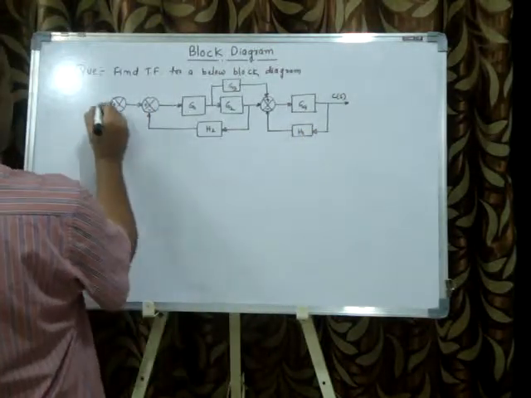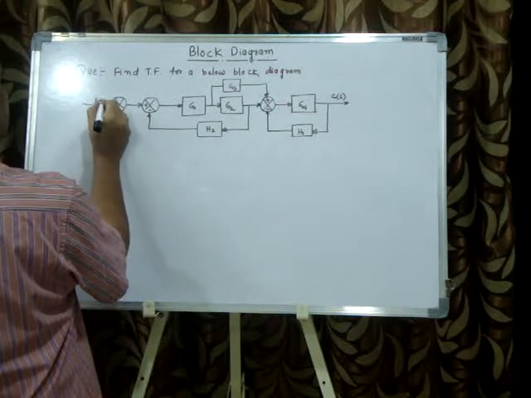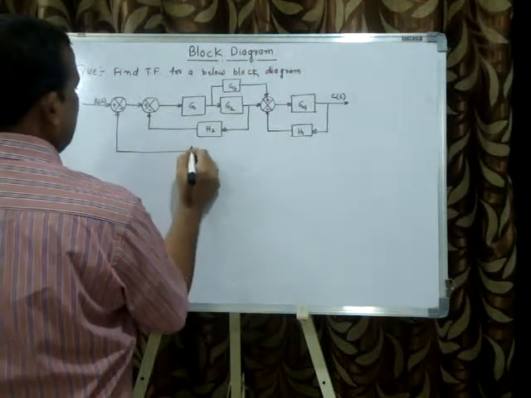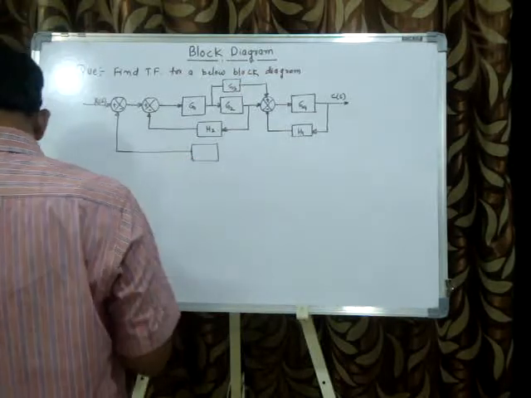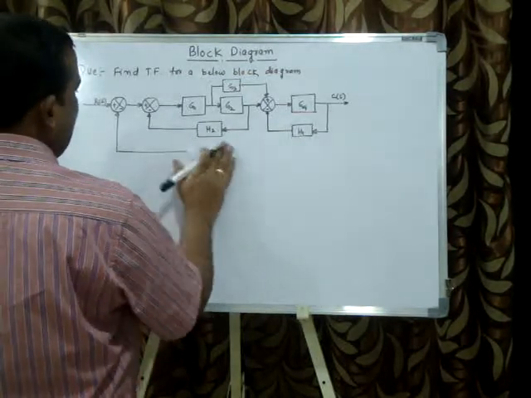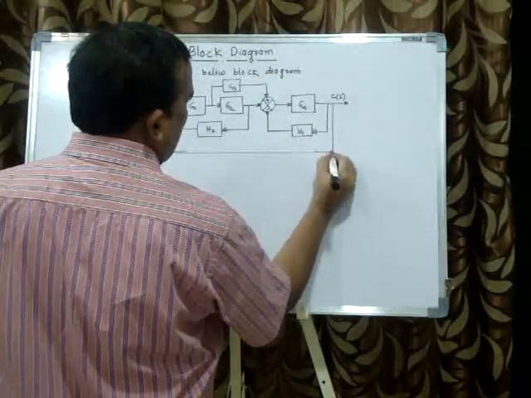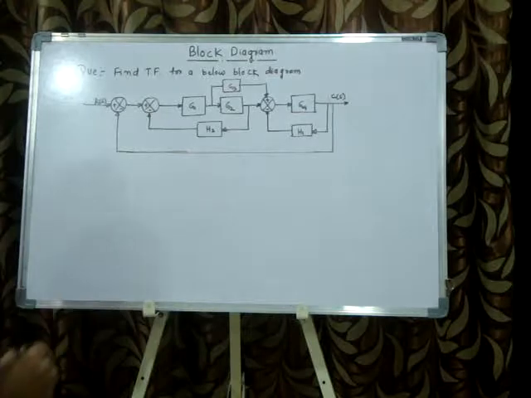And then here it's input R of S, and here minus. Where nothing is there, it means 1. This is the given block diagram.